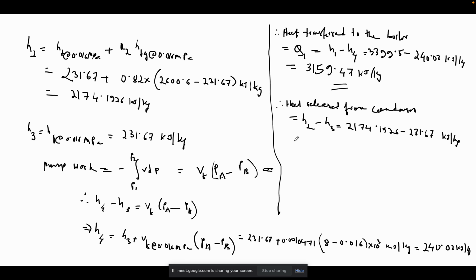So this is 2174.1926 minus 231.67, which is basically 1942.5226 kilojoule per kg.